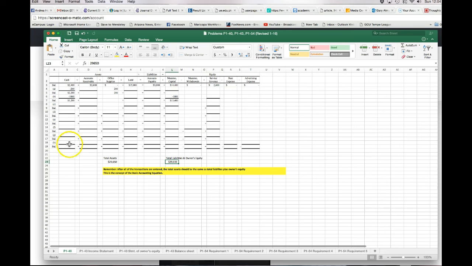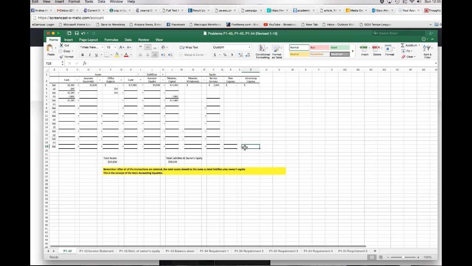So you want to add up your assets and make sure that they add up to this $29,650. Then you're going to add up your liabilities and all your owner equity accounts and make sure that they add up to the $29,650. Now be careful because withdrawals subtract from the equity account, as do expenses. So make sure that you take that into account.